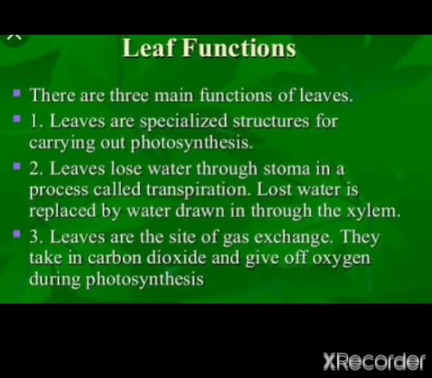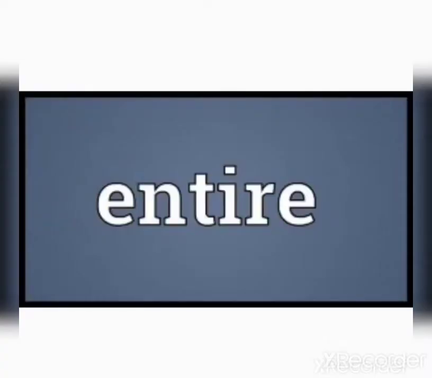Now let's talk about the functions of leaves. There are three main functions of leaves. One is photosynthesis, second is transpiration through stomata, and the third is gaseous exchange through stomata. Now the leaf margin can be different in different leaves. Here we will talk about the three types of leaf margins.